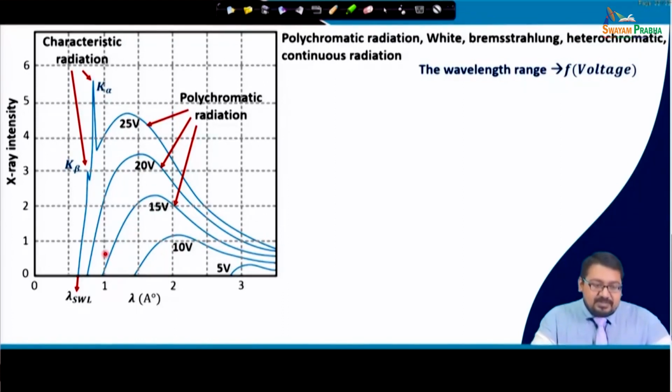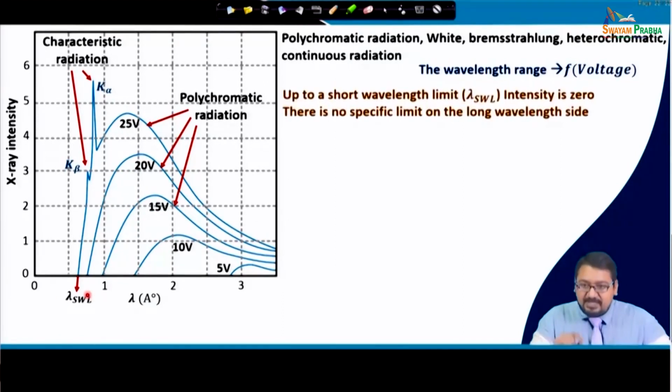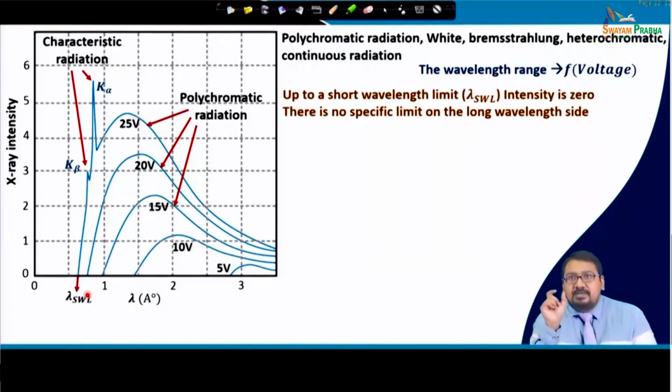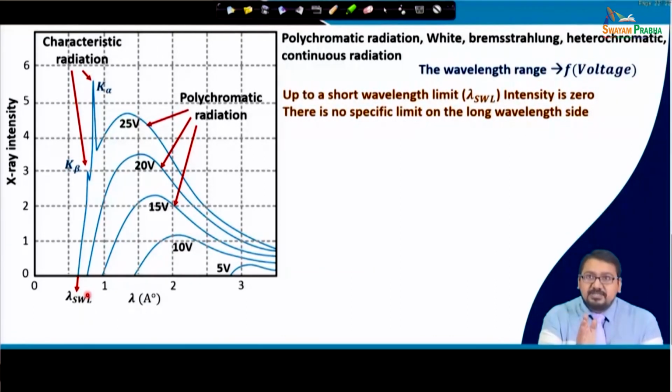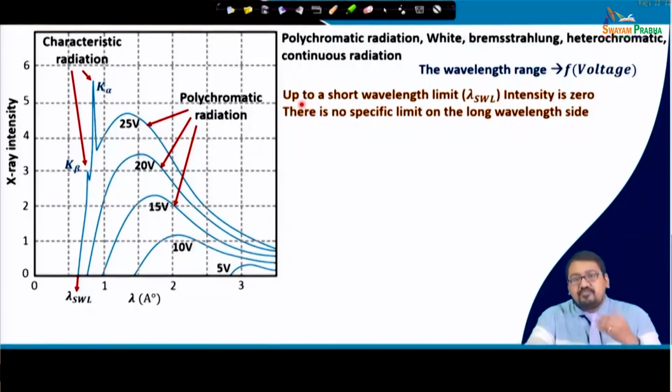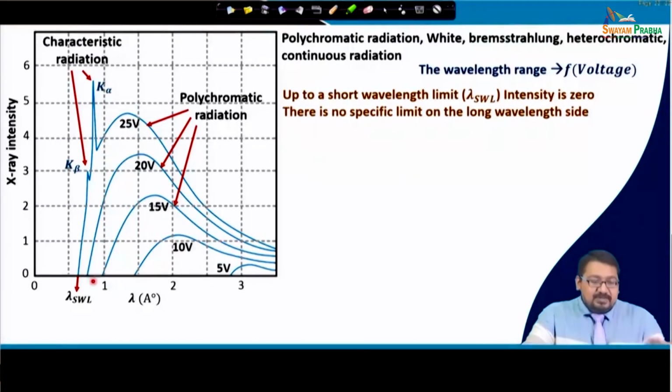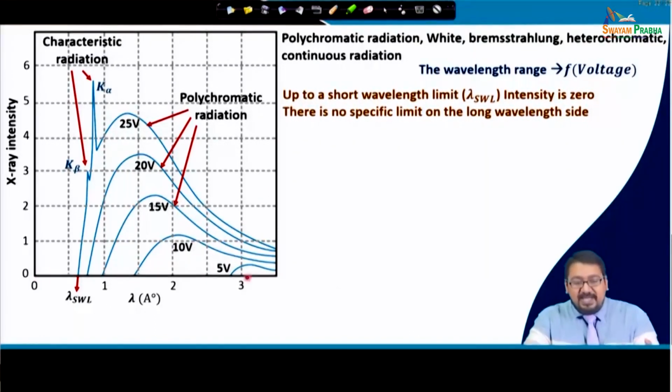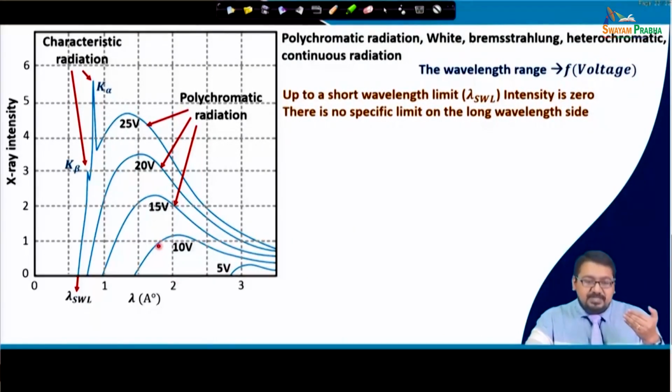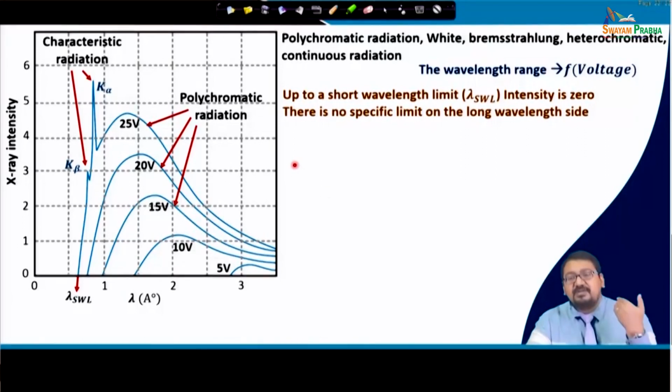Not only lambda SWL, but the lambda maximum also shifts towards the lower lambda value. So there is a short wavelength limit, lambda SWL. Intensity is 0 below that short wavelength limit for any kilovolt applied to the X-ray tube, but there is no specific limit on the long wavelength side.